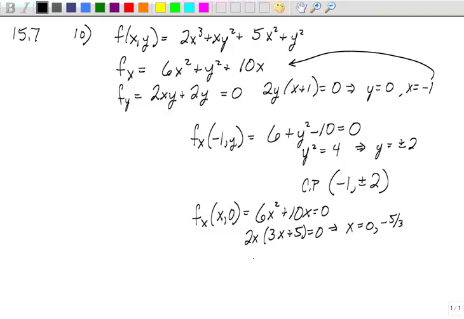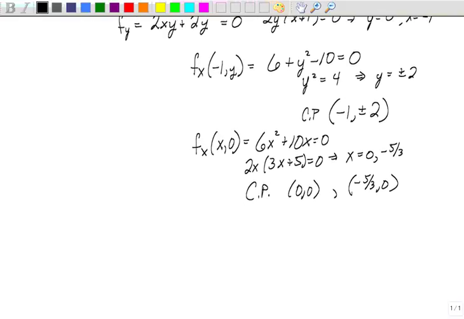So we get the critical points negative 1, 0, and negative 1, negative 5/3. No, y is 0 here, sorry. We get the points 0, 0, and negative 5/3, 0.